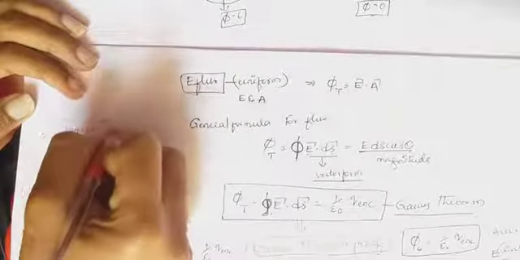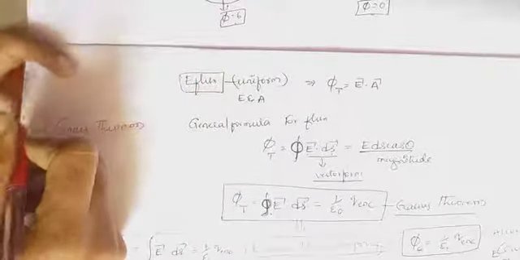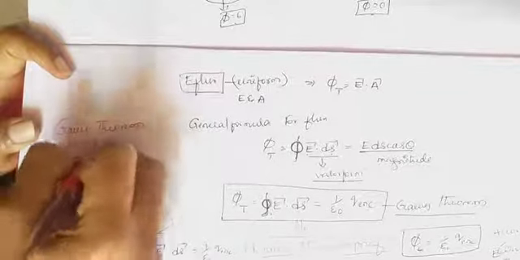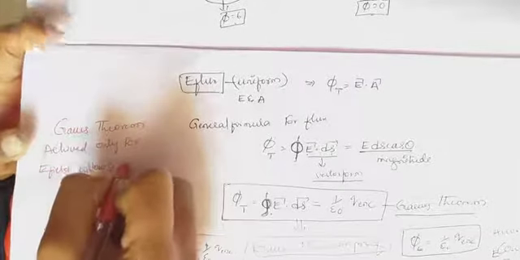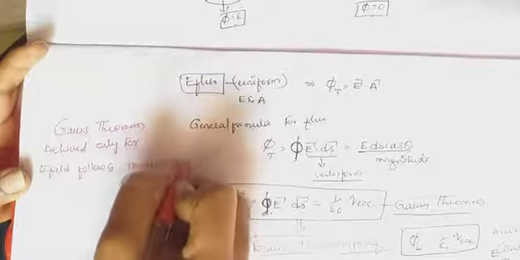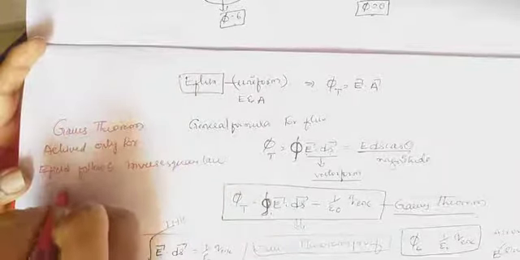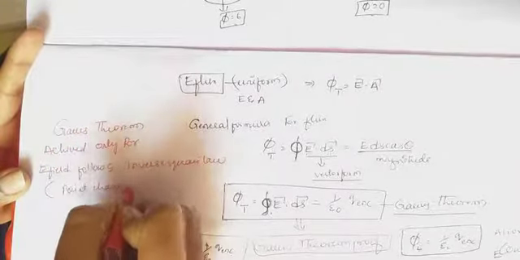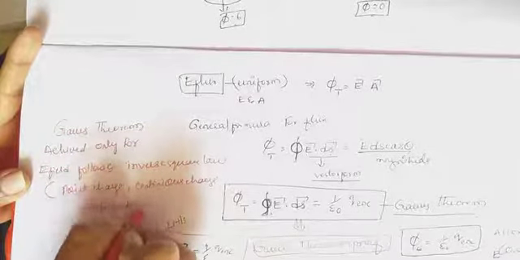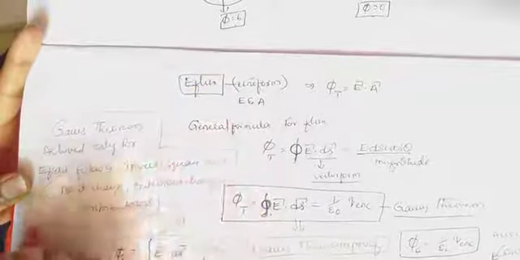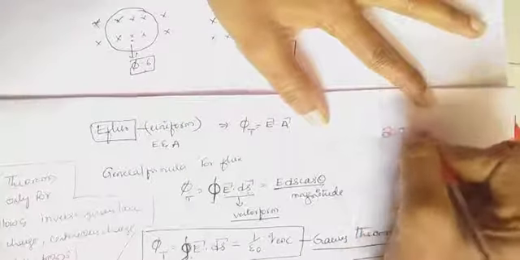So that means Gauss theorem holds only for point charges and continuous charge distributions, but not for dipoles. Okay, so it's not possible for an electric dipole. So here we have to write: Gauss theorem is achieved only for electric fields that follow the inverse square law. So that means it is only for point charges or continuous charge distributions, but Gauss theorem is not possible for dipoles.